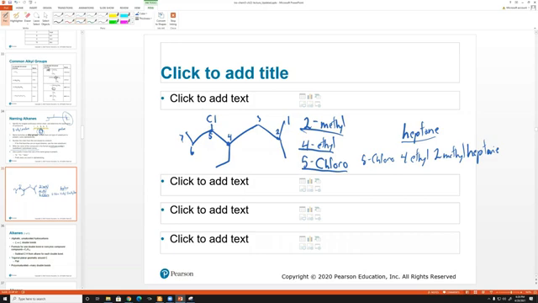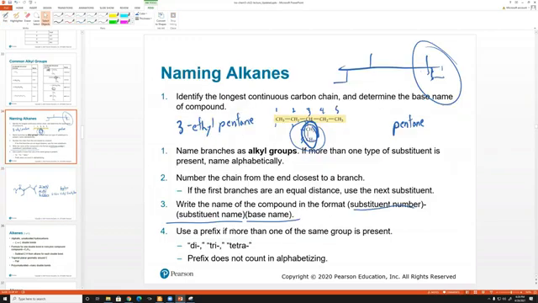Why is it not numerical order? Good question. It's because they like alphabetical better. And also, here's another rule about the alphabetical.